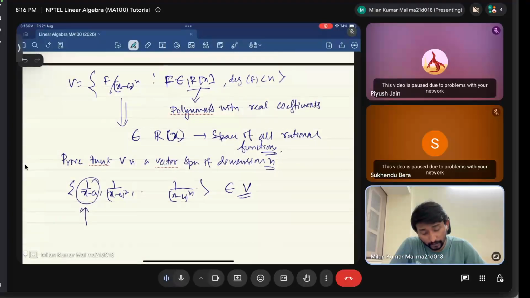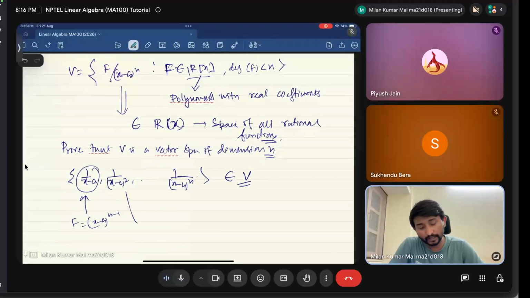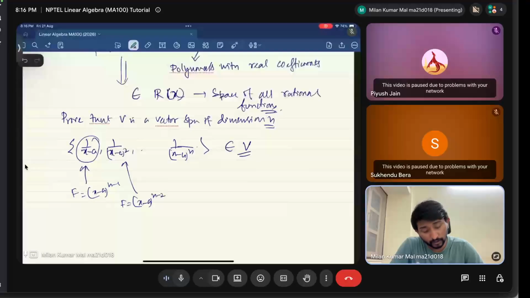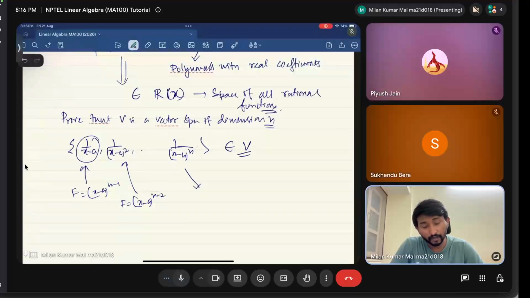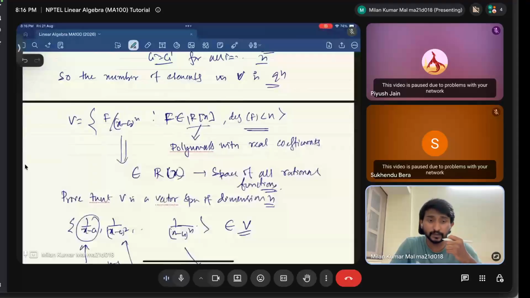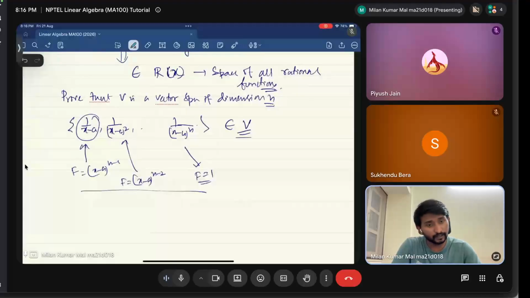Corresponding to the choice f equals (x minus a) to the power n minus 1. How does one get 1 by (x minus a) square? Corresponding to the choice f equals (x minus a) to the power n minus 2. All the way, how does one get 1 by (x minus a) to the power n? Corresponding to the choice f equals 1. Here the degree of f is less than n, that means the degree can be at most n minus 1. So you can see carefully that we are utilizing all of the polynomials, and these elements are contained in there.